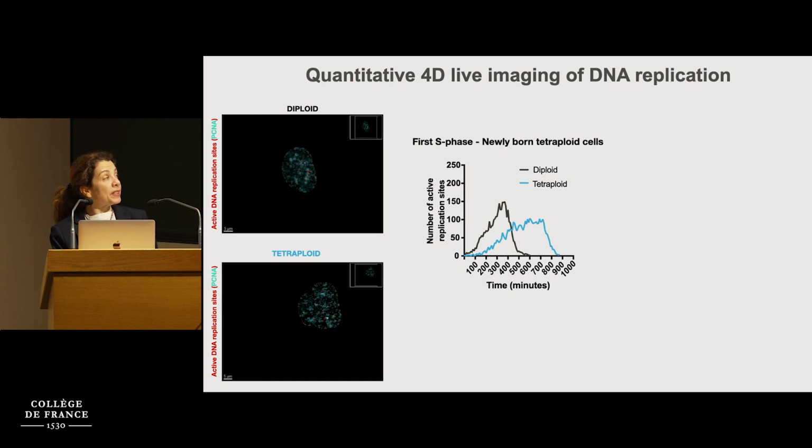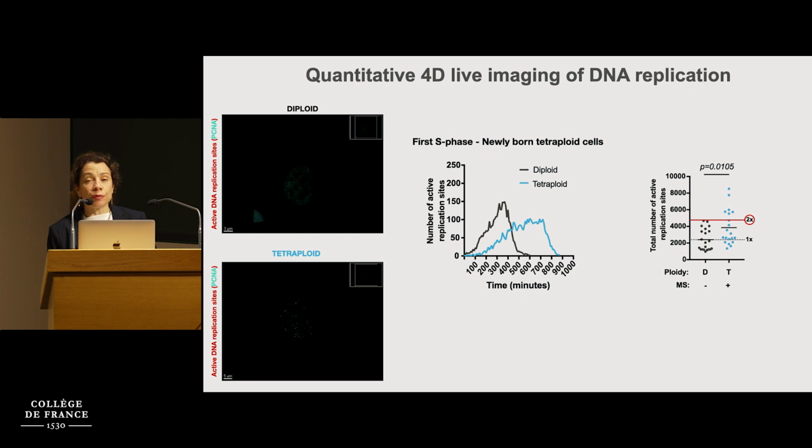So while in diploid cells, very rapidly PCNA reaches a plateau, it doesn't stay for long in this plateau, and then the number of foci decreases also very rapidly. This is not at all the case in tetraploid cells, and if we count the number of foci in a diploid cell that is undergoing DNA replication and in a tetraploid cell, you can see that it doesn't go to double the amount, which is exactly what we were expecting.